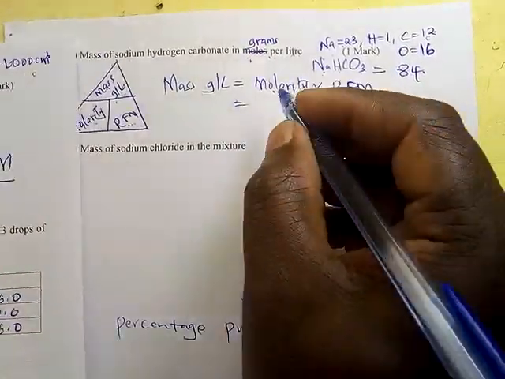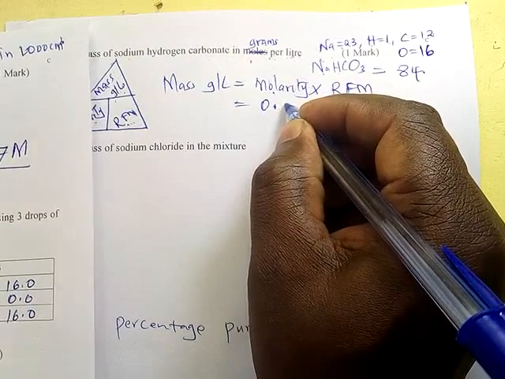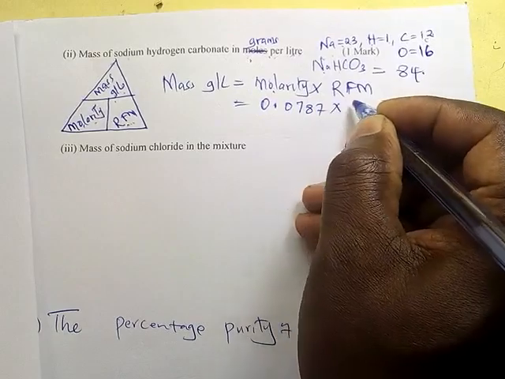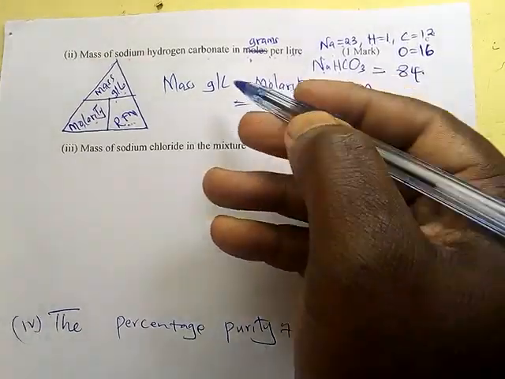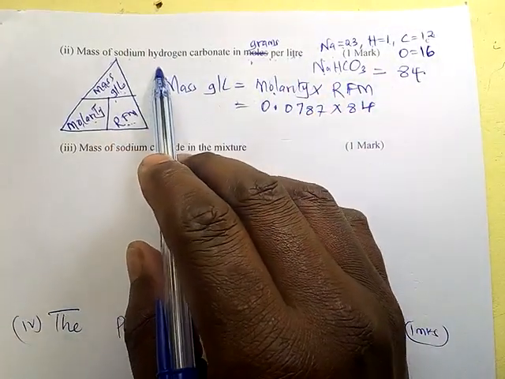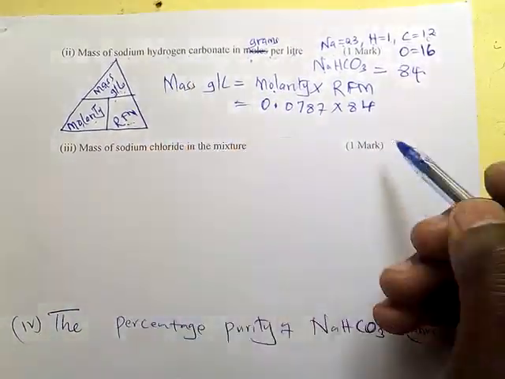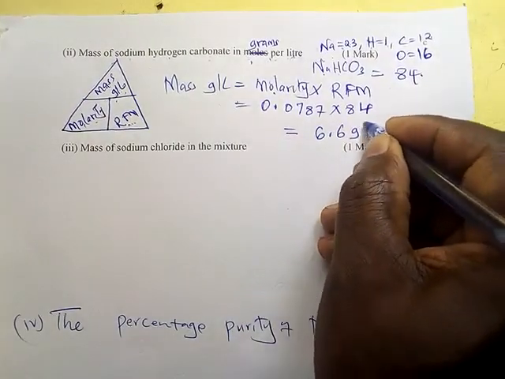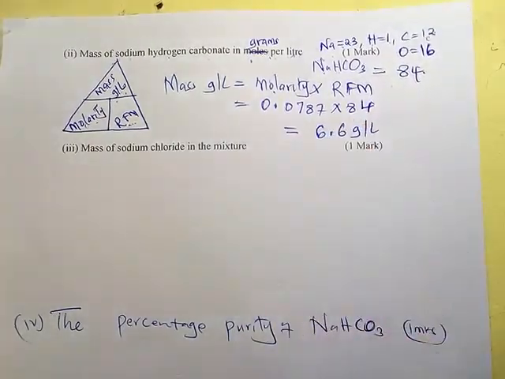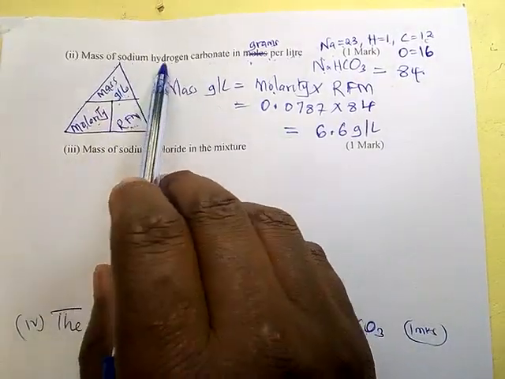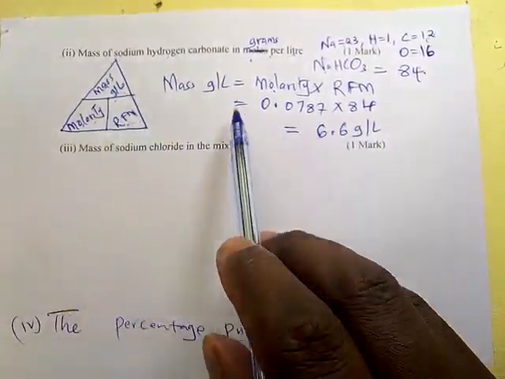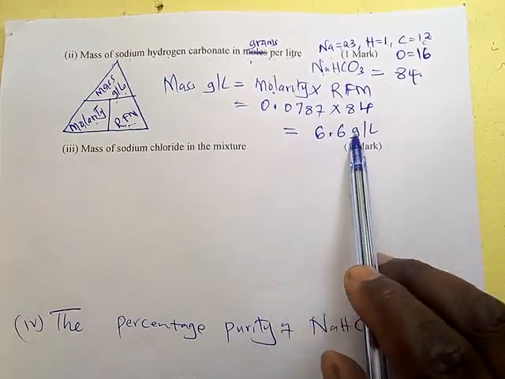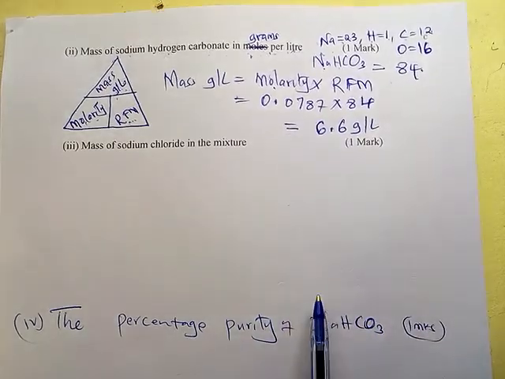RFM we have here, therefore 0.0787 times 84 will give us the mass in grams per liter of sodium hydrogen carbonate, and this one is 6.6 grams per liter. So the mass of sodium hydrogen carbonate in the mixture, which was 10 grams, is this one.